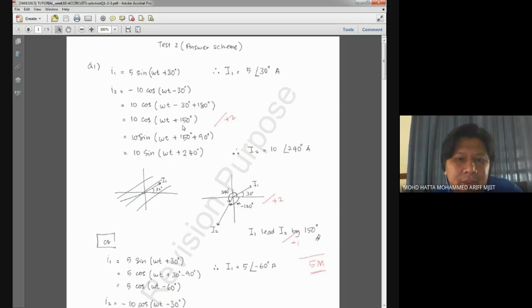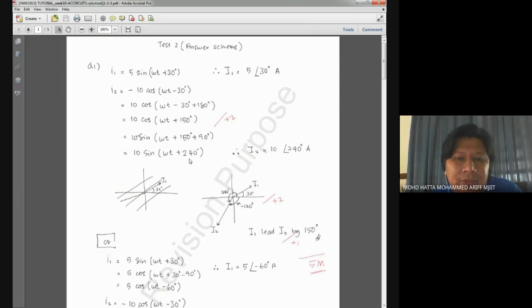And since we need to make I2 in the same form as I1, we convert cosine into sine, where we add 90 degrees in our equation. So here, the final form of I2 with respect to sine is 10 sine omega t plus 240.